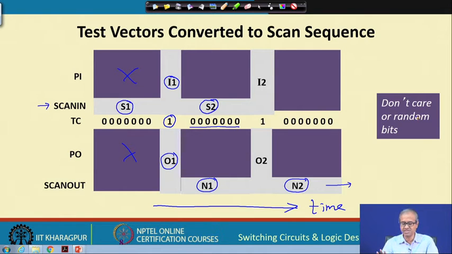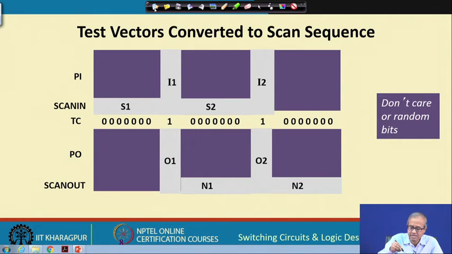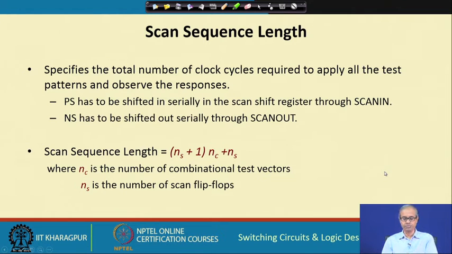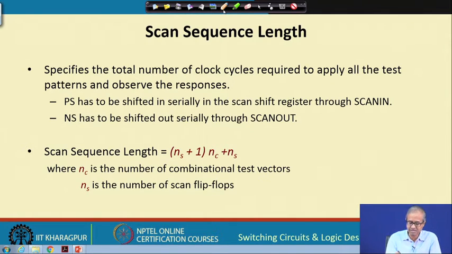This is just to show you pictorially how the data input and output operations take place. But the point to note is how much time it takes. You can make a simple calculation regarding the total number of clock cycles that are required.